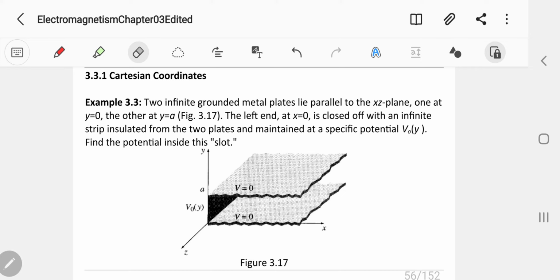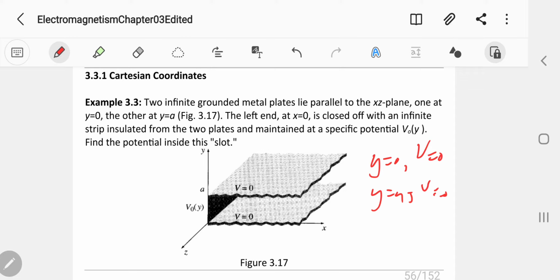There's also the x equal to 0 boundary, but x goes to infinity here. That's also an infinite boundary. So there's a boundary on the x on one side, and the boundaries on the y are at y equals 0 and y equals a. You have V equals 0 at those boundaries.